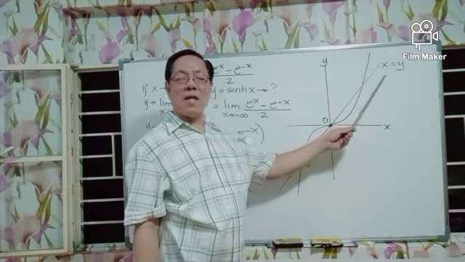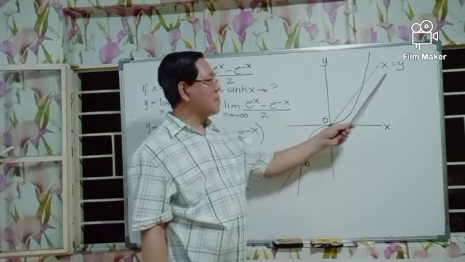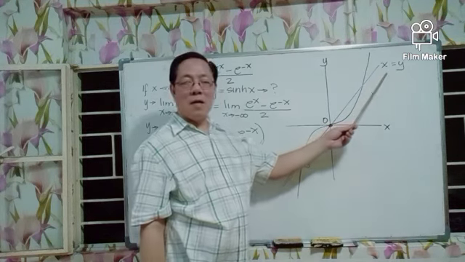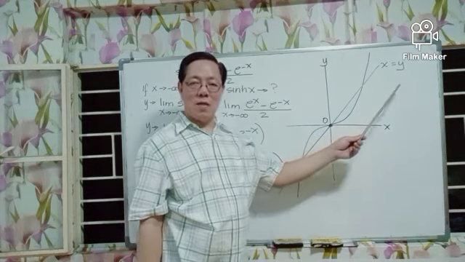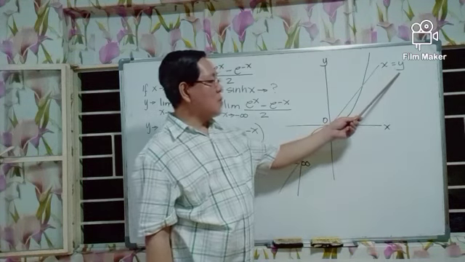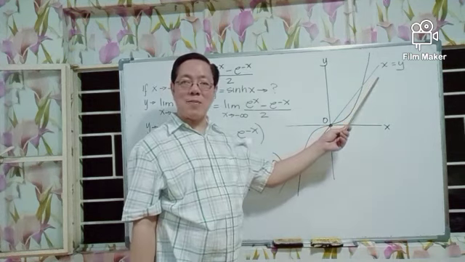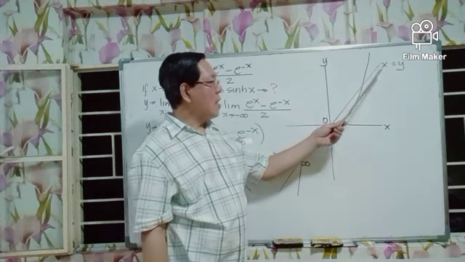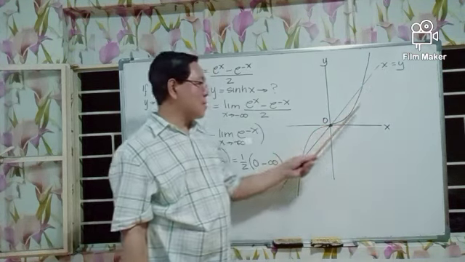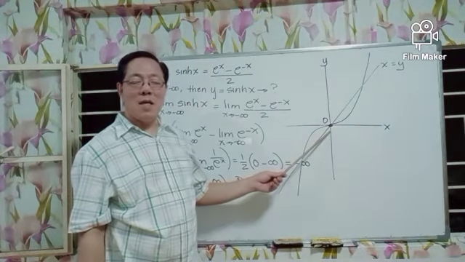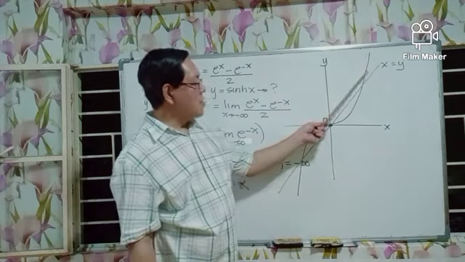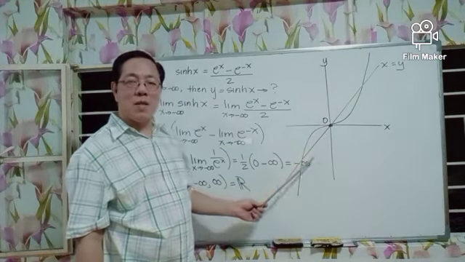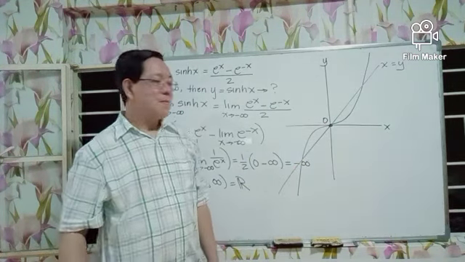This is the line x equals y, or the linear equation x minus y equals 0. If you transpose y to the left-hand side, you get x minus y equals 0. And this line passes through the origin, and it's a bisector. It bisects the first quadrant and the third quadrant equally.